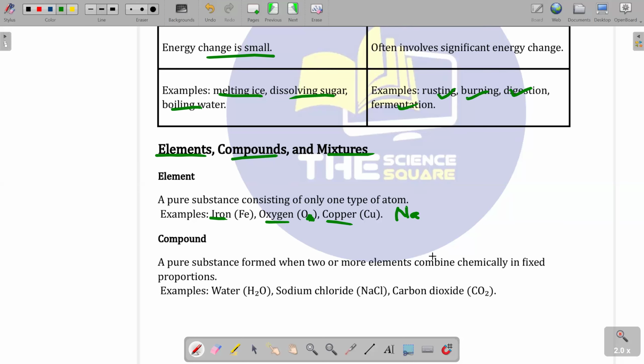For example, iron. When we say iron, we mean iron as an element, meaning it contains several atoms of iron. Just like when you have a brick house, a house that is completely built with bricks, what made up the building block of that house is bricks of the same type.